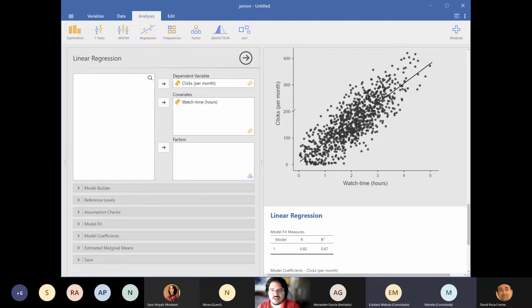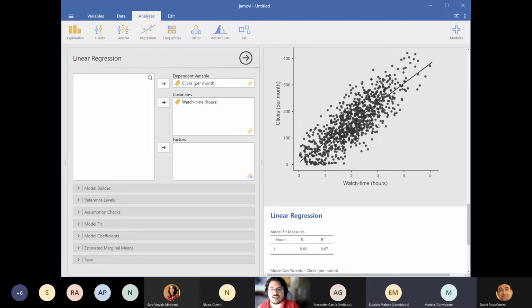That's the thing that you expect after this simple linear regression model, right? If this is the line that best fits your data, with 3 hours of watch time, you expect this number of clicks per month. Yeah, but you observe not only 200 and something clicks per month.